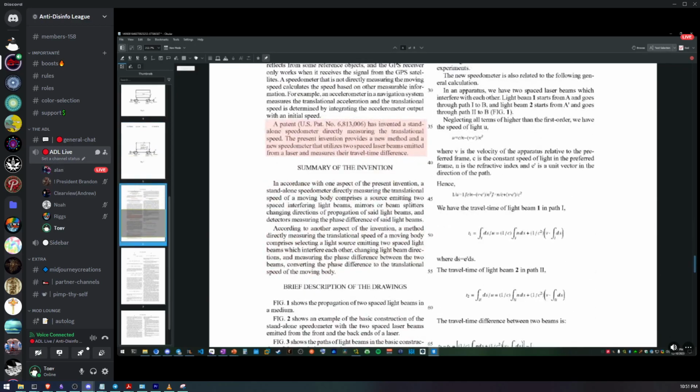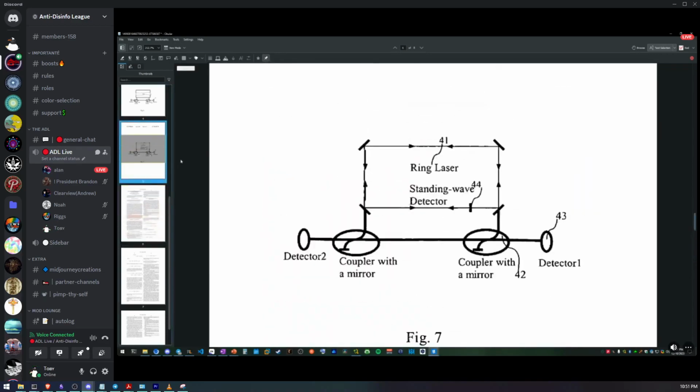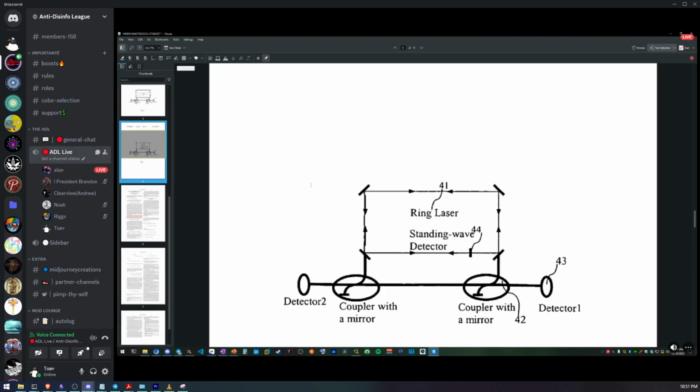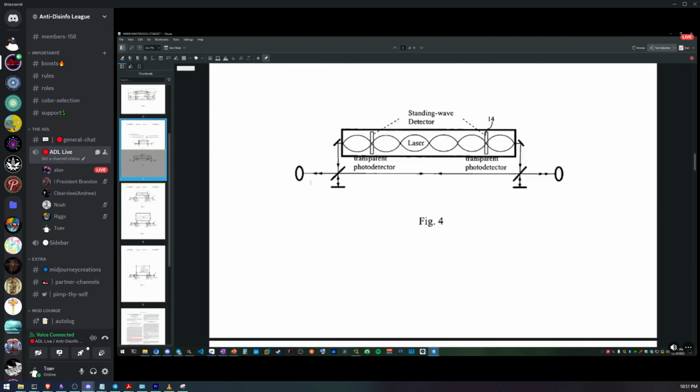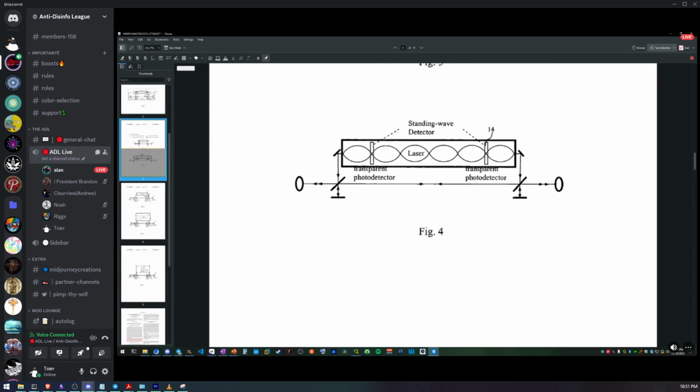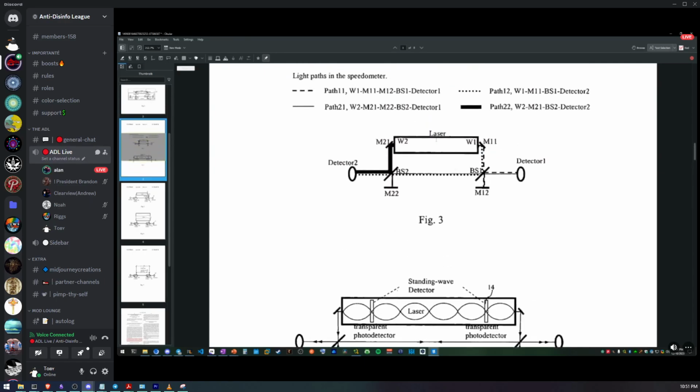Wait, go back up to the diagram. Coupler with a mirror, detector, ring laser. Where's the emitter? Let's see, transparent photon laser. Okay, so one laser. So it is a beam split.